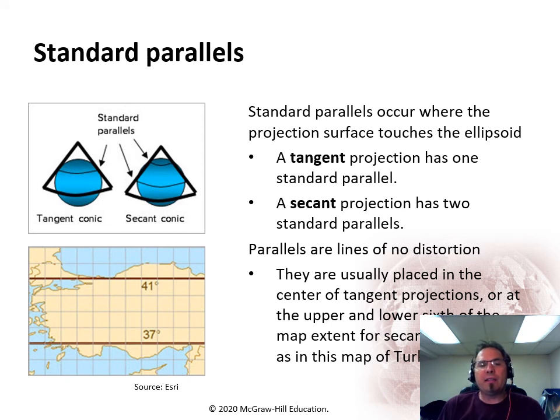They're usually placed at the center of the tangent or at the upper or lower areas. The whole purpose of this is to minimize distortion. Again, the book will explain this as well. I don't like to dwell on this too much because this is not really GIS, it's more cartography. And because we don't map at this scale other than in the tutorials a little bit, this isn't used very often at all.